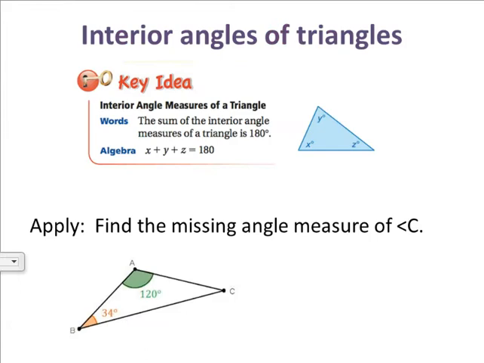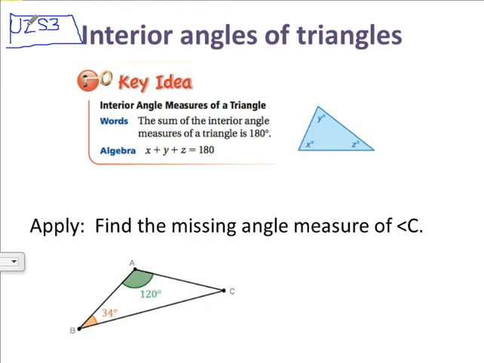All right, so some things I want to point out as you start working on this week's assignment. It's in Unit 2, Session 3. So you're going to be looking at a lot of the patterns that occur between angles of triangles.